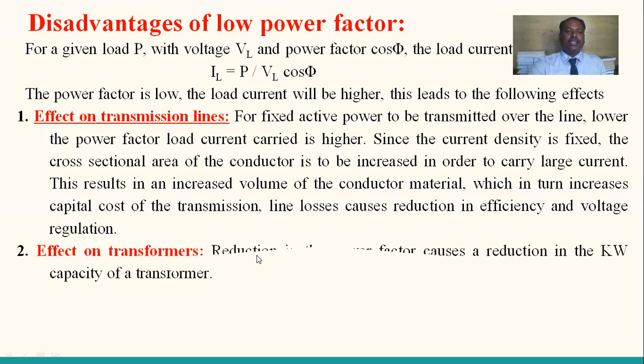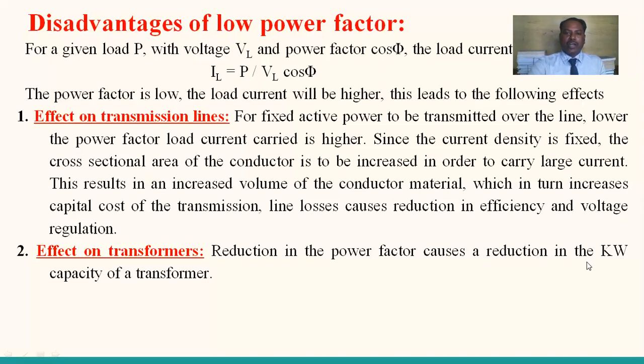And similarly, the effect on transformers. So what is the real power? P is equal to VI cos phi. Cos phi is low in the sense real power is low. So a reduction in the power factor causes a reduction in the kilowatt capacity of the transformer.